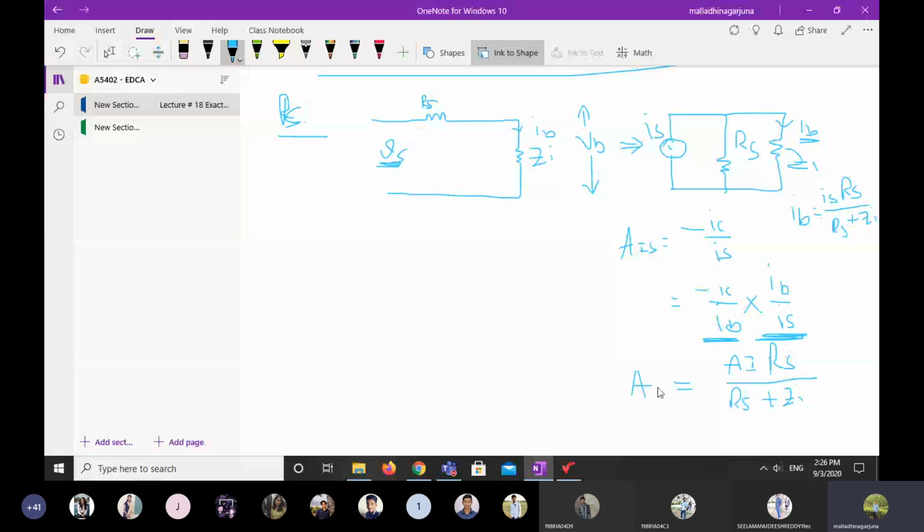Okay, so this is AIS. So AIS is equal to AI into Rs by Rs plus Zi.